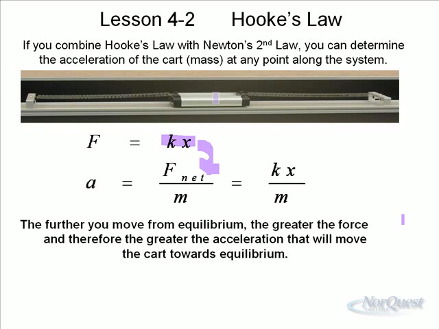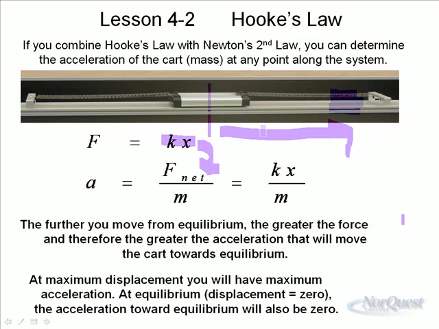Right now the cart is at equilibrium. If you stretched it way out here and then released it, then as it moved back to equilibrium, it would have a greater acceleration than if you just moved it a little ways. So at maximum displacement, you have maximum acceleration.